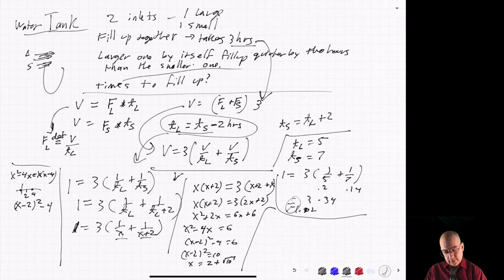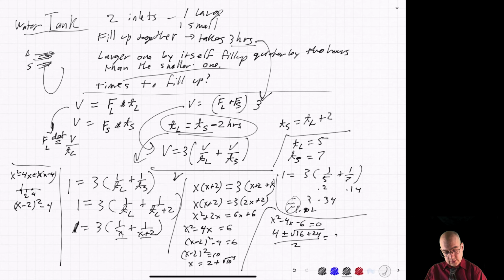And let's see, if I want to use the quadratic formula, that would be minus b, so that's a 4, plus or minus the square root of 16 minus 4ac. So that sounds like 24 over 2.